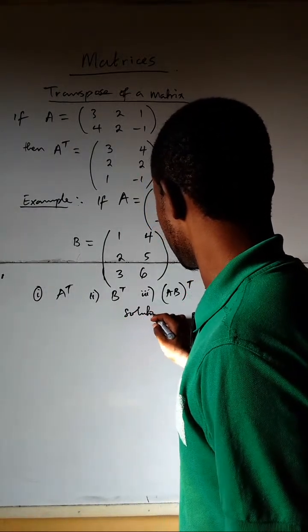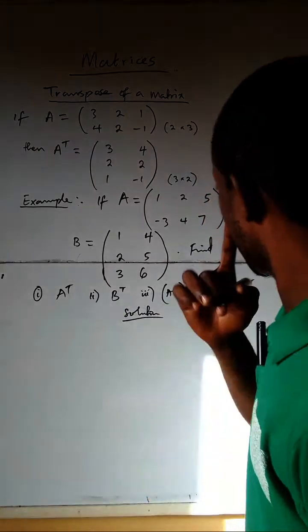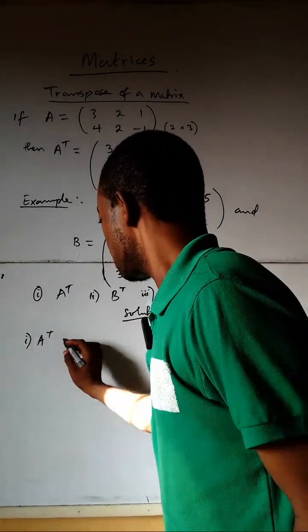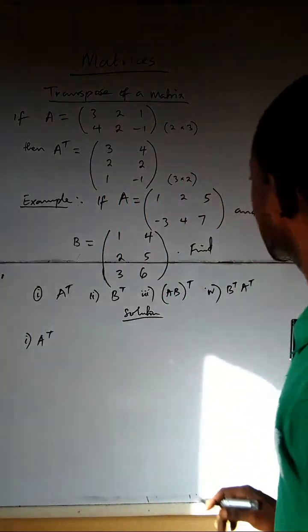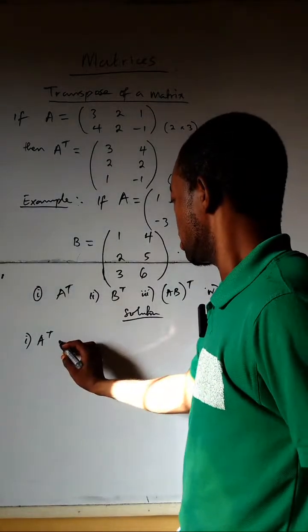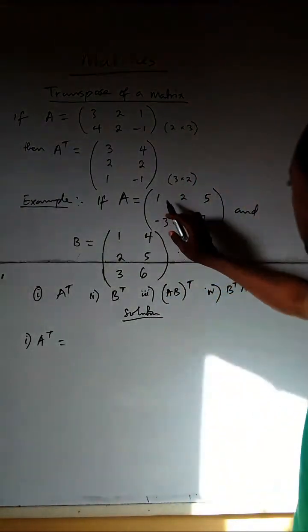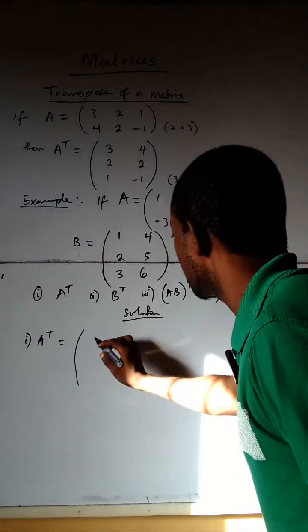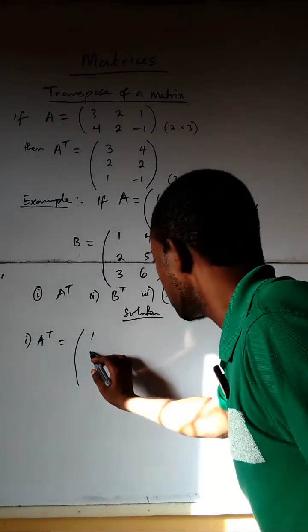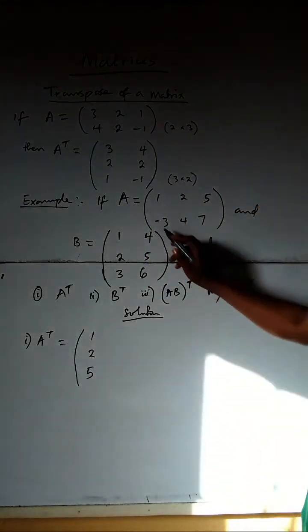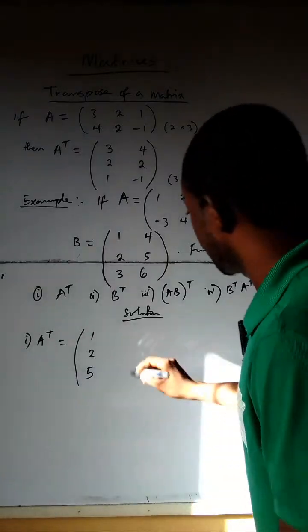The first one, A transpose. It means that the row will turn to column in the matrix A here. That is, here from A, the first row will turn to the column. So we are going to have 1, 2, 5. Then also the second row will turn to the second column.